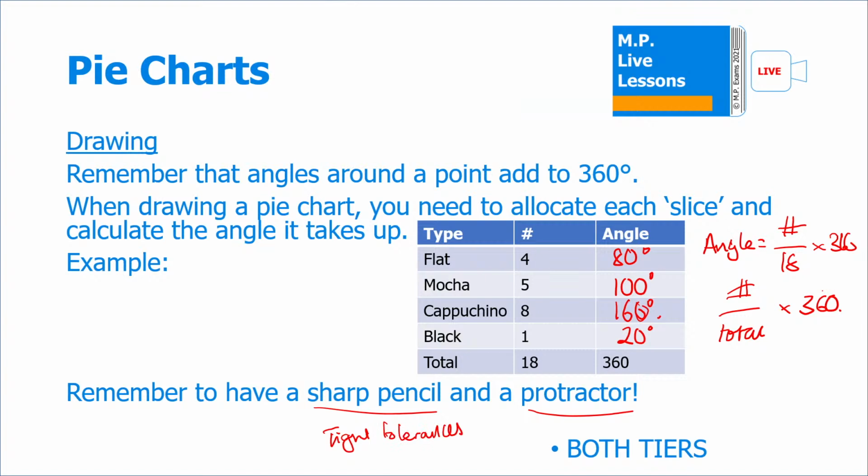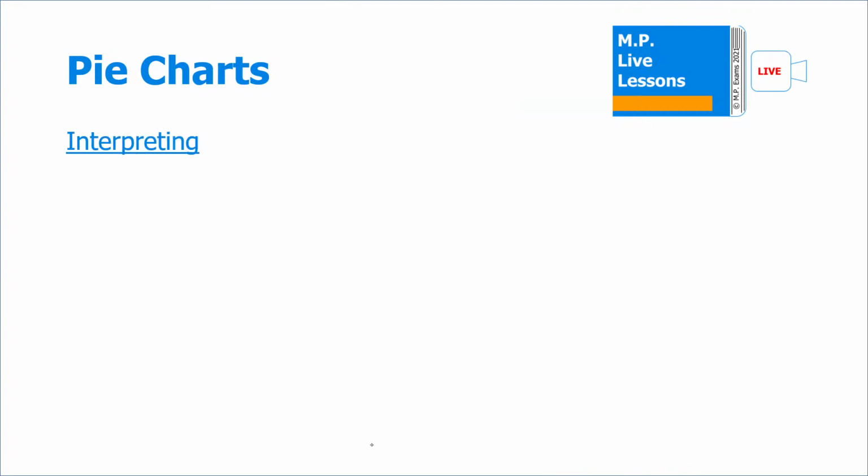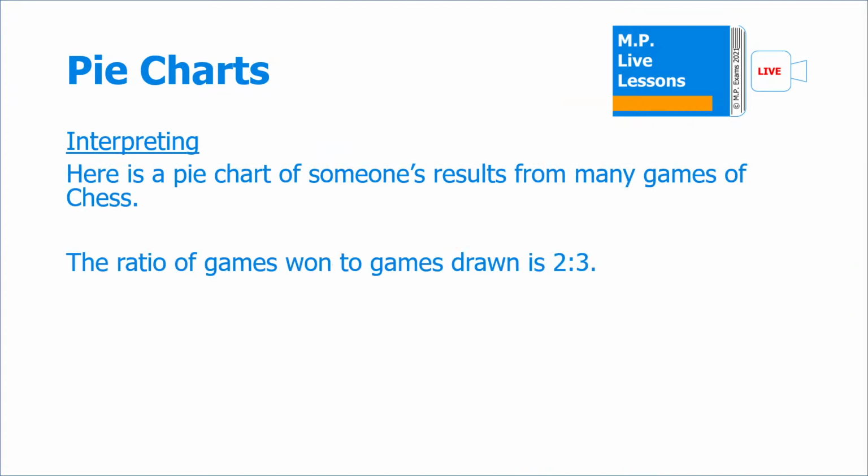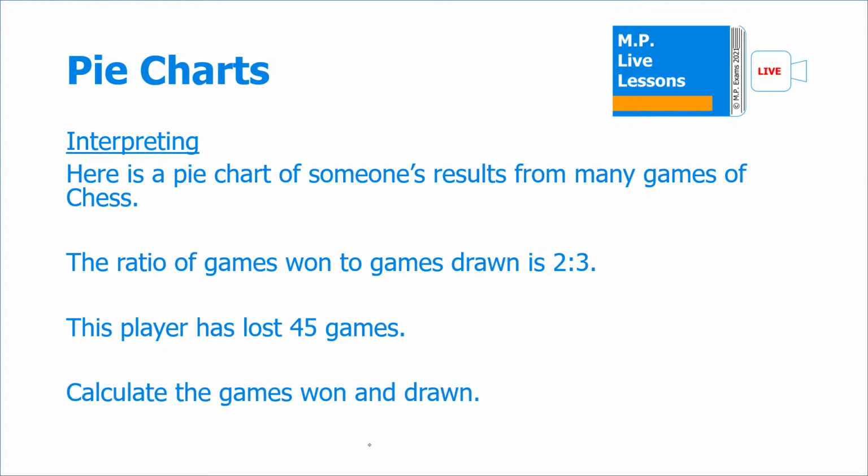You'll be asked as well for both tiers to interpret pie charts. So let's say here's someone's game results from many games of chess. The ratio of games won to games drawn is 2 to 3, and the player has lost 45 games. This makes up the 30 degrees of the pie chart here.